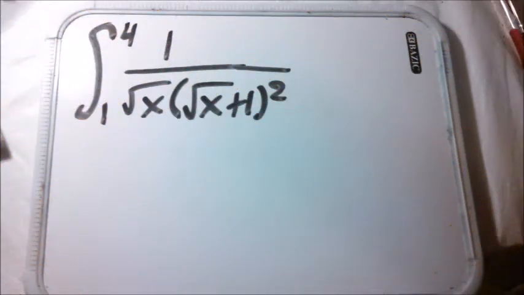A corresponding example to this type of solution would be this problem that we see right here: the integral from 1 to 4 of 1 over root x times root x plus 1 squared.